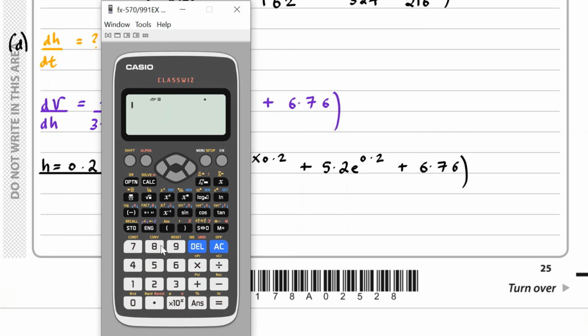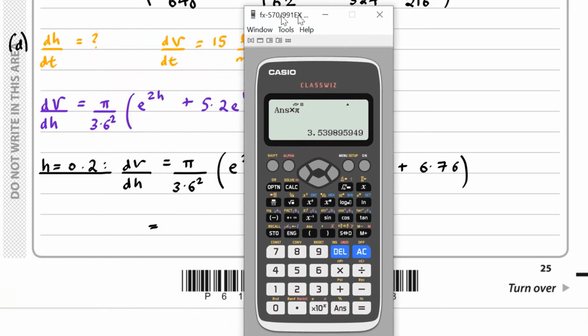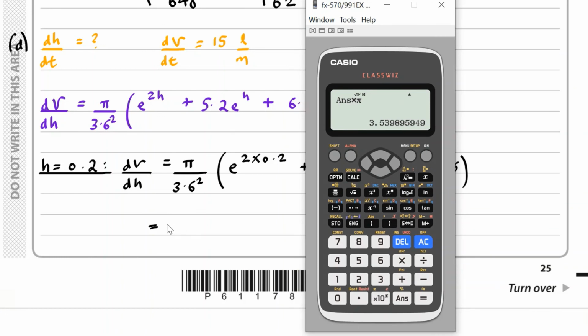We have e to the power of 2 times 0.2 plus 5.2 e to the power of 0.2 plus 6.76. We divide this by 3.6 squared, and then we multiply this by pi. So we get a value of 3.539, etc. litres per minute.